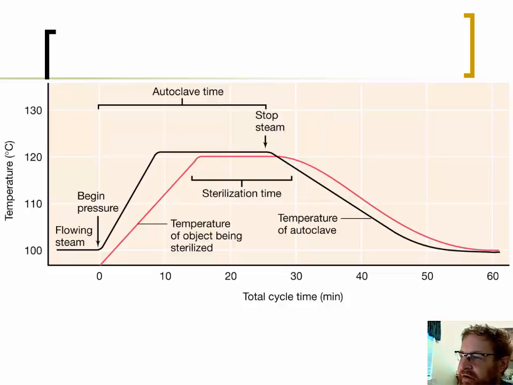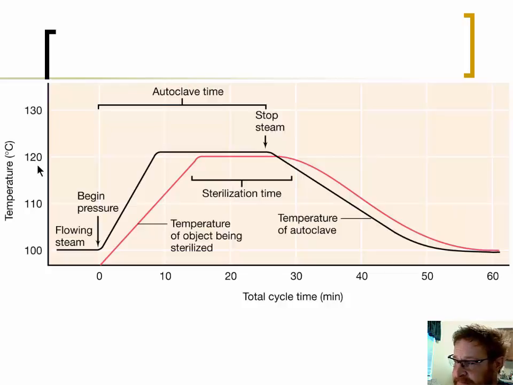That pressure is one of the really important things, because that's how we get the temperature high enough to sterilize. From a variety of organisms, it's been determined that 121 degrees centigrade is your standard for autoclaving.